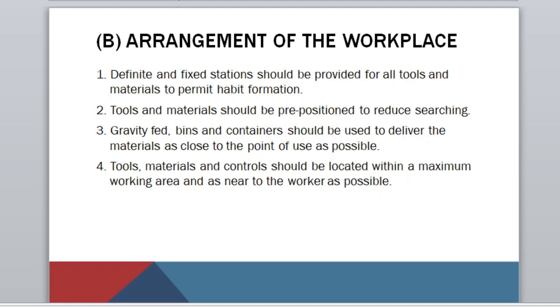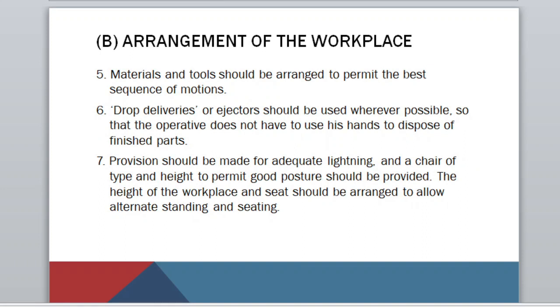Next is tools, materials, and controls should be located within a maximum working area and as near to the worker as possible. So it's very similar to number 3. Next is materials and tools should be arranged to permit the best sequence of motions.